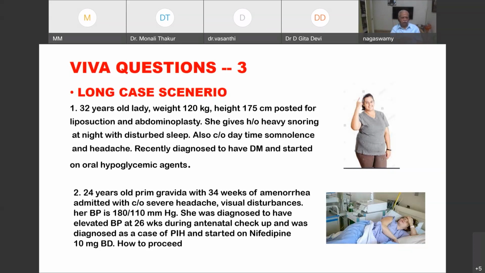On the contrary, if the BP is not getting under control, if there is any worry about the mother's life, then you have to terminate the pregnancy by operative delivery, or can you permit normal vaginal delivery even at 34 weeks or 36 weeks?